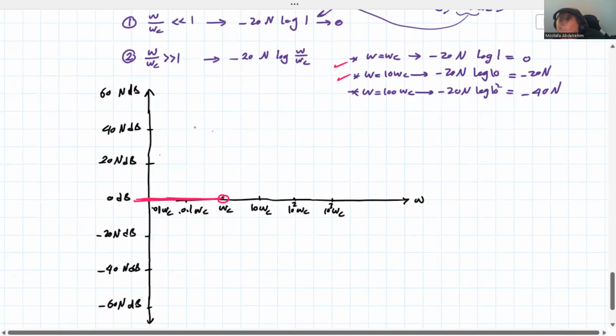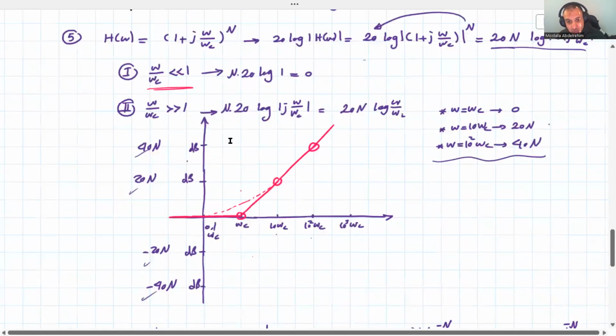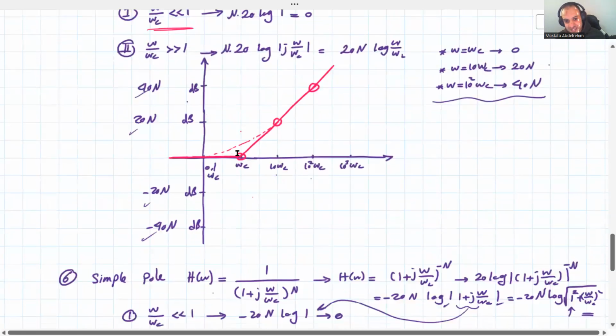Omega equal to 10 omega c, we have minus 20. 100, minus 40. 1000, minus 60, and so on. So we connect these points together. What is that? That's exactly equal to this one, but in the opposite direction.